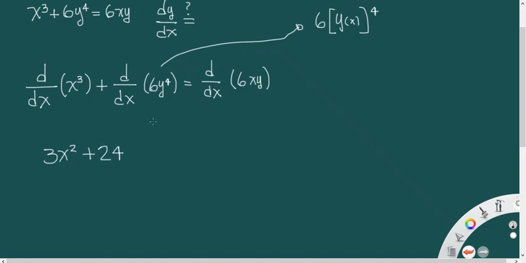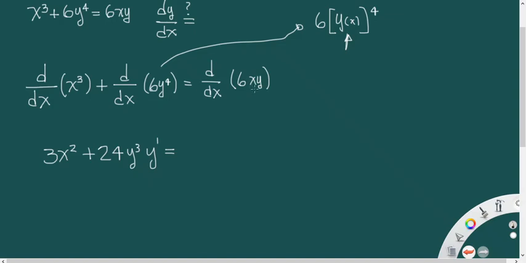And 24 times y, 4 minus 1 is 3. So the derivative of the outer part is 24y cubed. But remember that we need to apply the chain rule here. So the inner part is y of x. So this is going to be 24y cubed times y prime. And this is equal to d/dx of this.